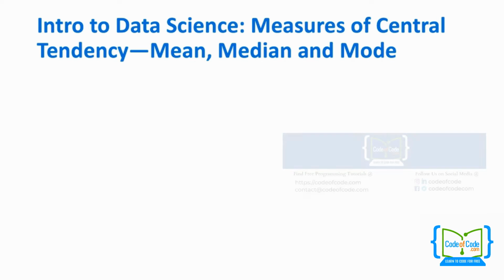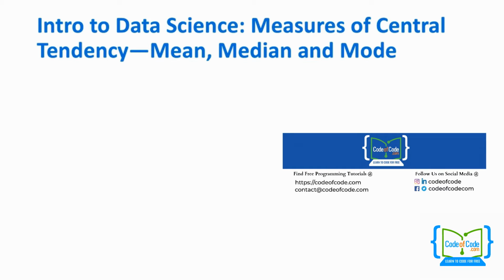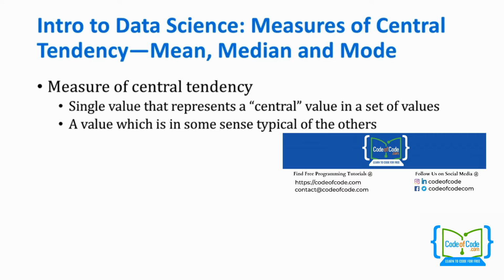In the preceding lesson's Intro to Data Science section, we began talking a little bit about basic descriptive statistics, and I mentioned the concept of getting to know your data. So a lot of the basic descriptive statistics are for that particular purpose, and another way to get to know the data that you're working with is with measures of central tendency, specifically the mean, the median, and the mode.